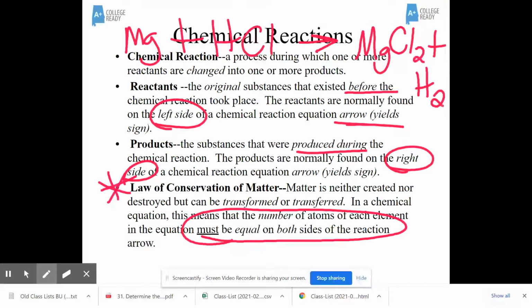The next thing we have to do is learn how to balance that, because they have to be equal on both sides. If I have one hydrogen here and two over here, that doesn't work. I can't just spontaneously make a new hydrogen and stick it over there. It had to come from somewhere. And the same with the chlorine. So we have to balance them.